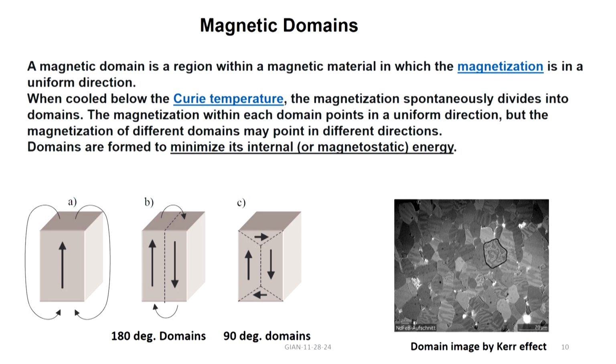These are two domains, these are 180-degree domains, and this has a little bit less magnetostatic energy compared to the previous one. But the third one has much less magnetostatic energy. These are 90-degree domains. As you see here, the field lines are confined to the interior of the material, and that is the minimum energy state.